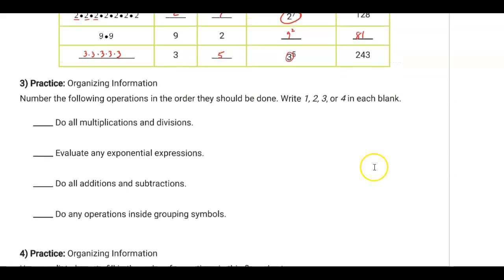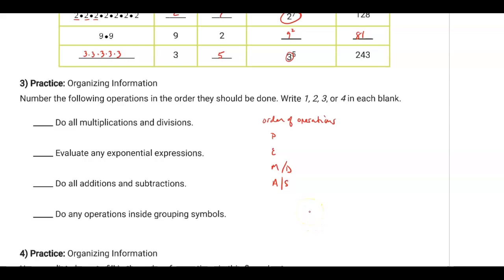Alright, so organizing information, it says here, number the following operations in order they should be done. So if we looked at order of operations, which is probably what you've seen: Please Excuse My Dear Aunt Sally.